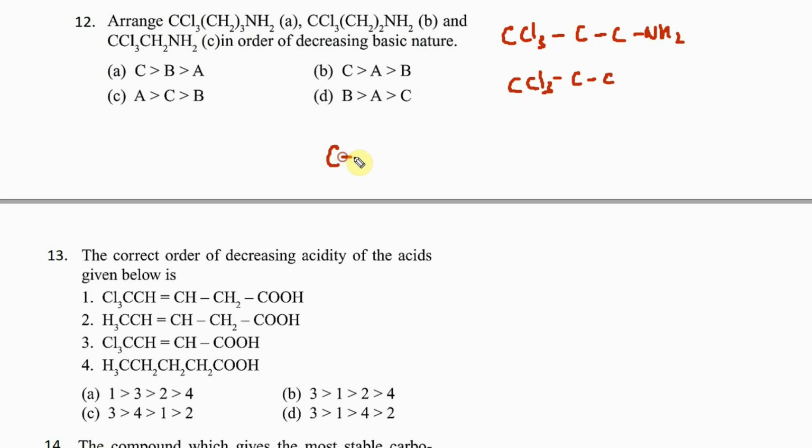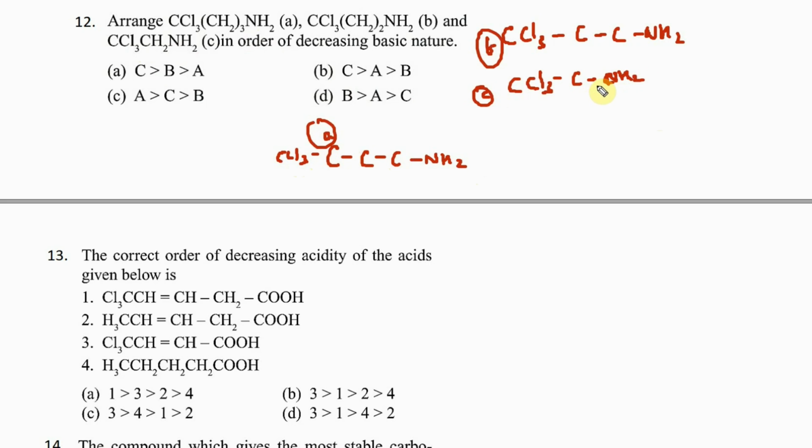Let's draw A here: CCC, 3 C's are there, NH2, CCl3. This is A, this is B. C is CCl3 CNH2. This is C.